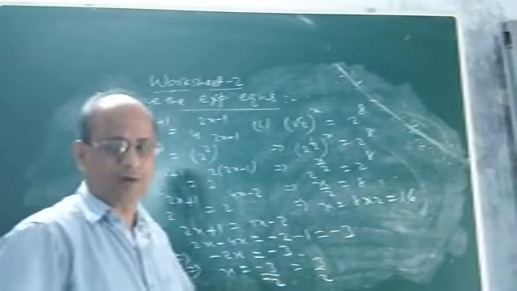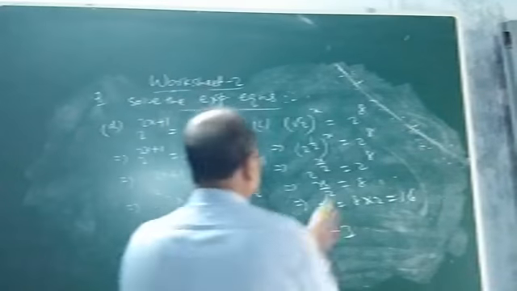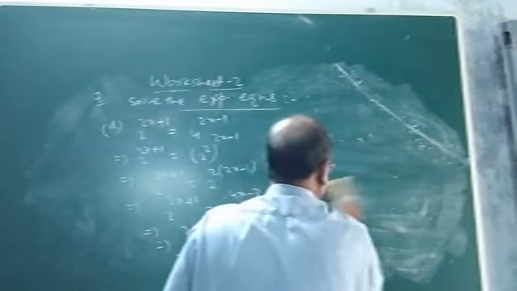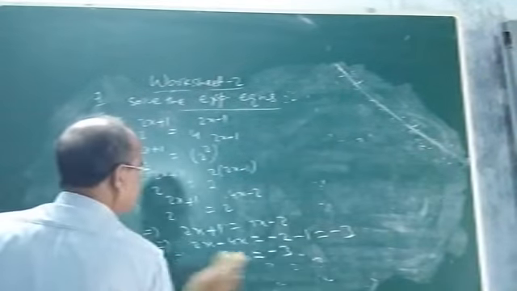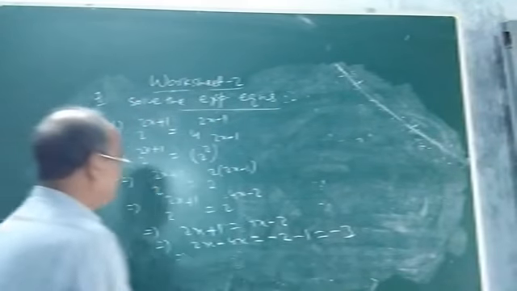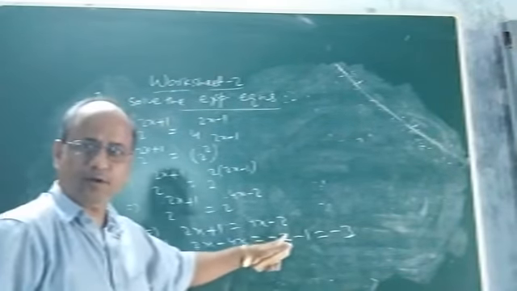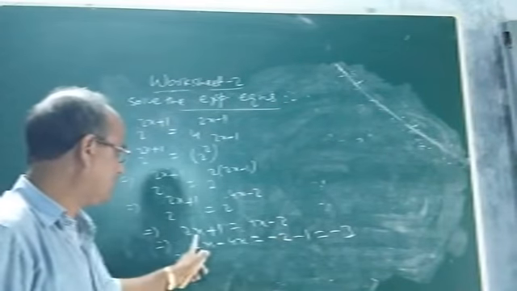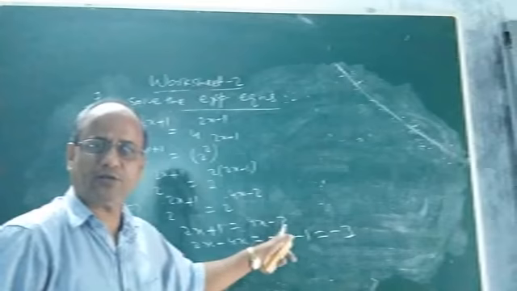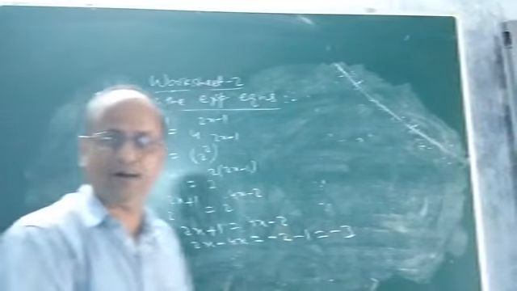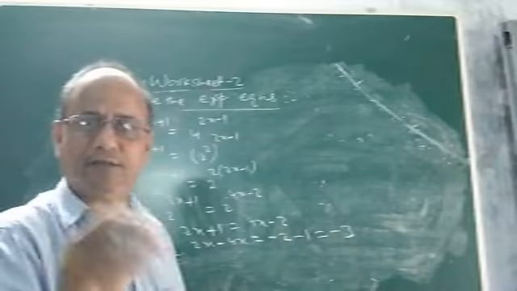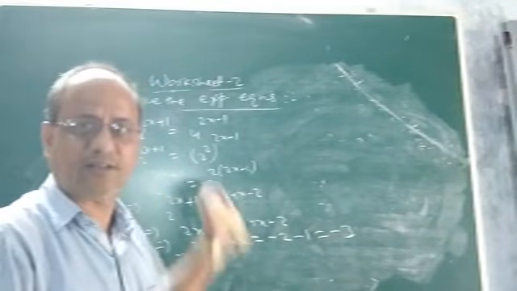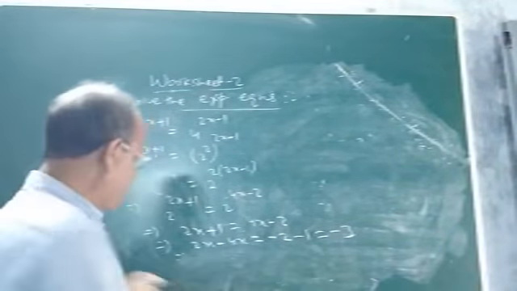Let me do it once again. You see, 2x plus 1 equal to 4x minus 2. 4x you bring to the left hand side and 1 take to the right hand side because you have to separate the variable and constant, as you want to find the value of x or the unknown present in the given exponential equation.